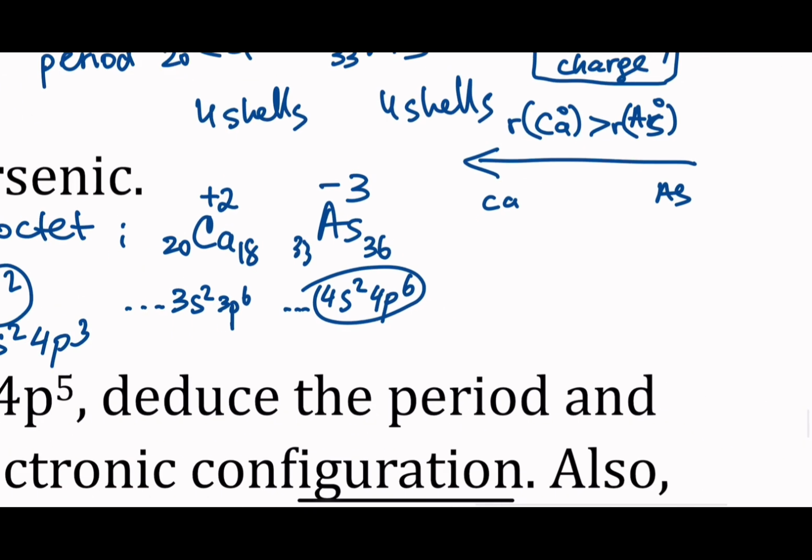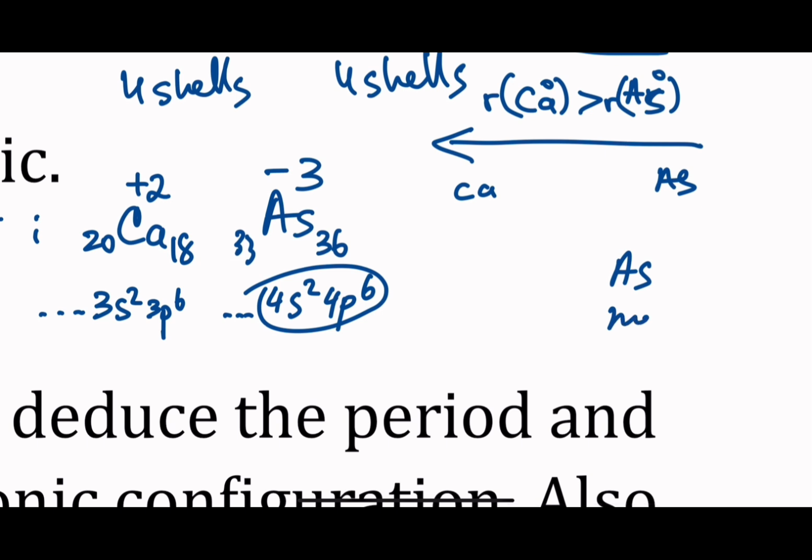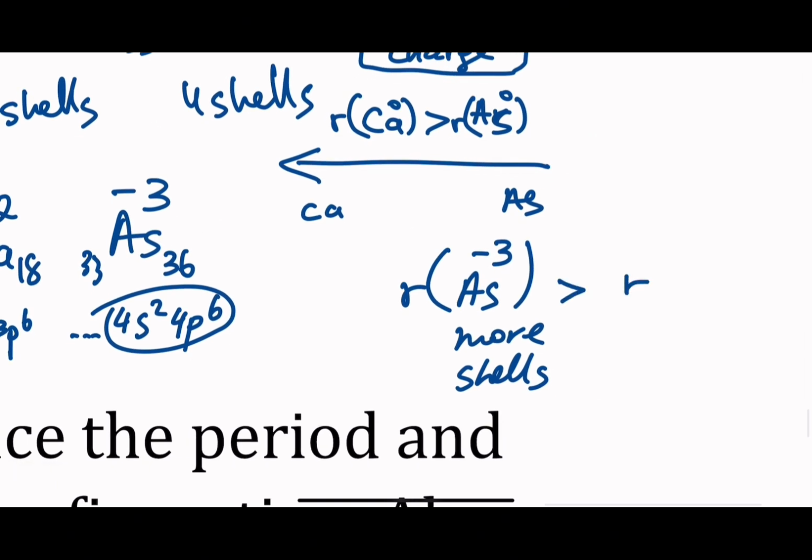Right away from here, we can see that arsenic has more shells. So that's why the arsenic ionic radius is going to be bigger than the radius of the calcium ion, because it has 4 shells while this one has 3 shells. That's the main reason in here.